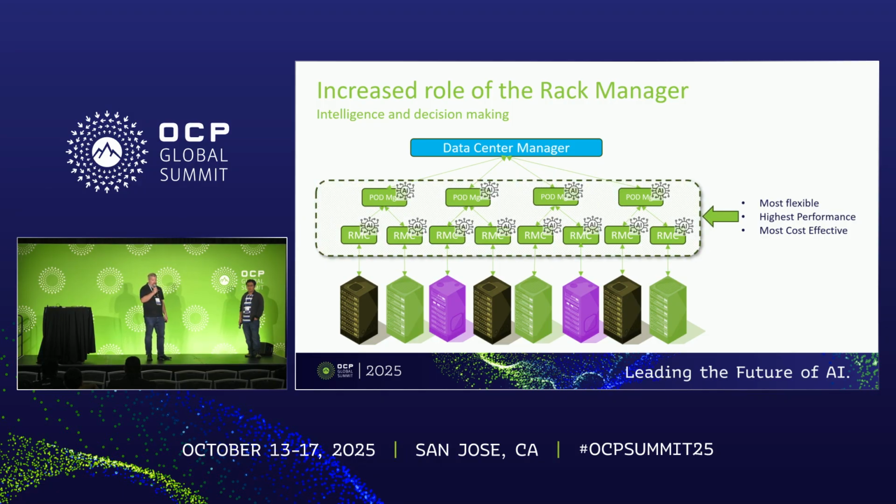So our belief is that the intelligence and the AI could be running at this pod and RMC level. There's a few reasons why. It does provide some flexibility in your design. With these rack managers, you can have failovers, and you can put them anywhere you want in the rack. It's probably more cost effective than trying to beef up all of your BMCs inside the rack.